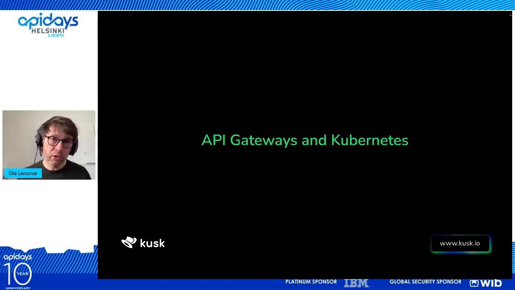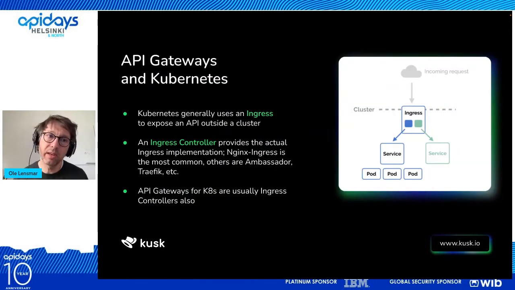Just switching over to Kubernetes a little bit, because it's one of the main things happening today. If you're deploying your APIs under Kubernetes and you want to make that API available to the outside world, depending on your topology and infrastructure, you need to use something called an ingress to expose that API.